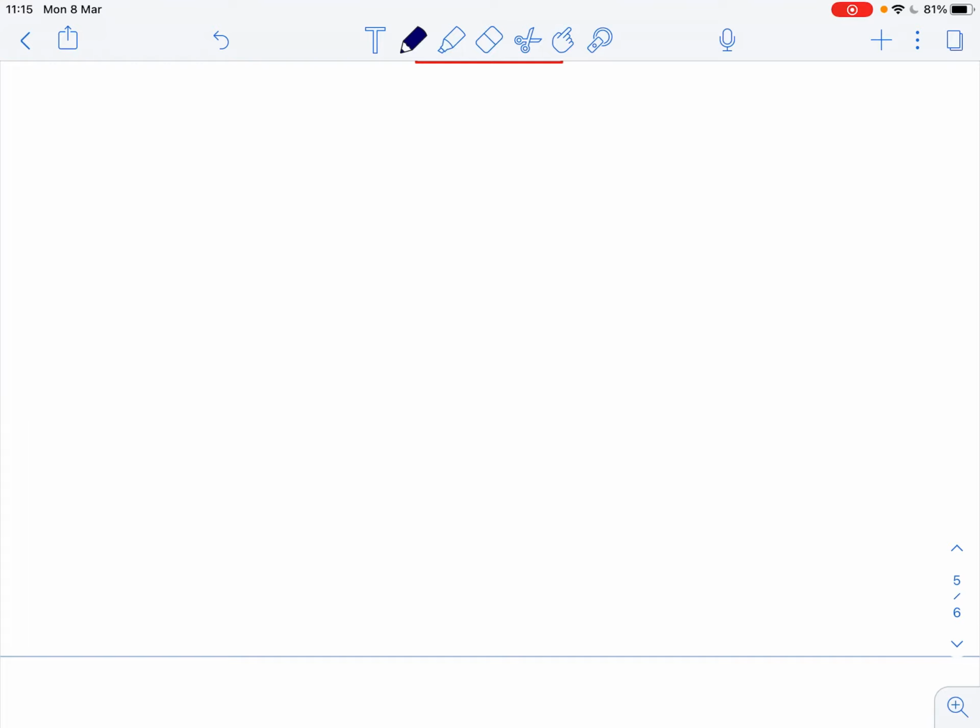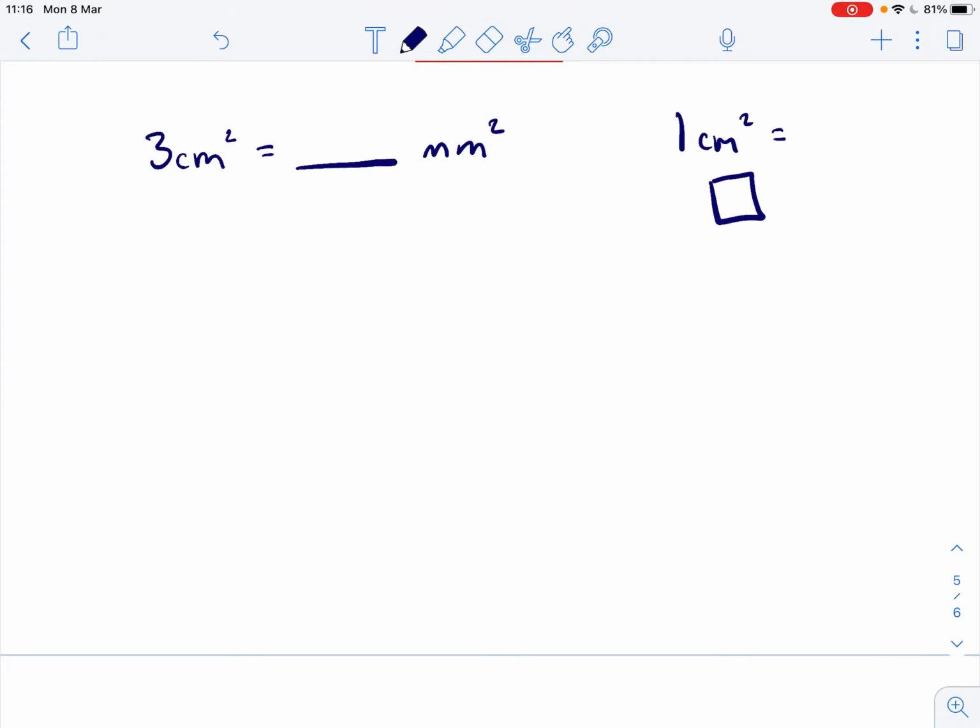So, my next one, I'm going to have a look at 3 centimeters squared equals how many millimeters squared. Before you think you know the answer, try and work out what 1 centimetre squared equals in terms of millimetres. Think about what each would be as a square.